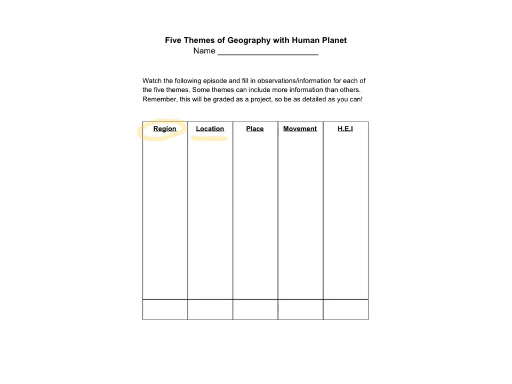Now, the next ones: place, movement, human environment interaction. See how many things you can write down. So place, what makes this place unique? And there's a lot of unique things that you are going to see in this place.